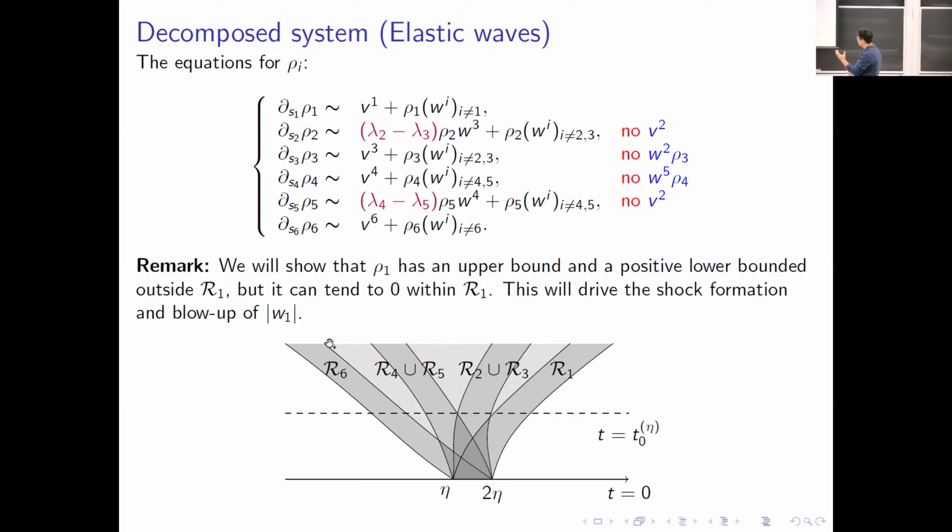If you travel with the speed lambda 1, there's no shock from here. The rho 1 will tend to 0 within R1, so the first shock actually happens in R1. All other rho i's in the whole region are bounded from both below and above, so there's no shock, and it's really W1 that blows up along here.